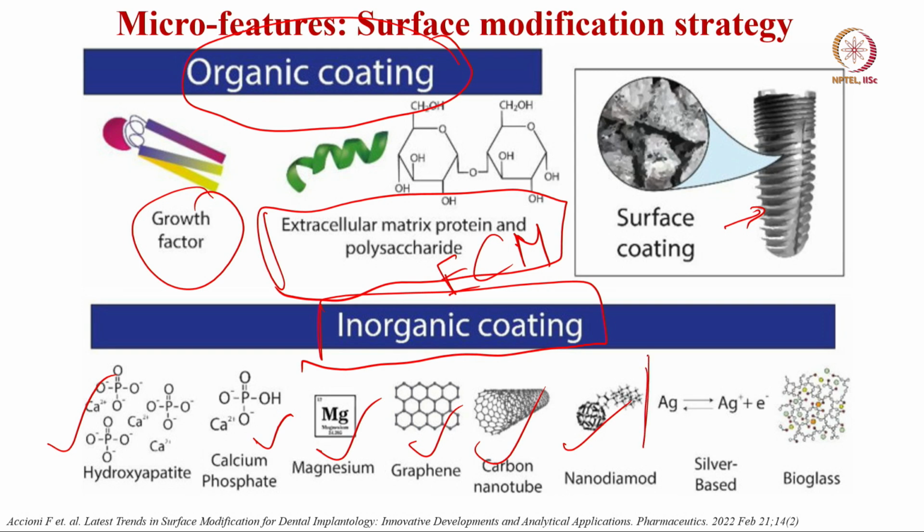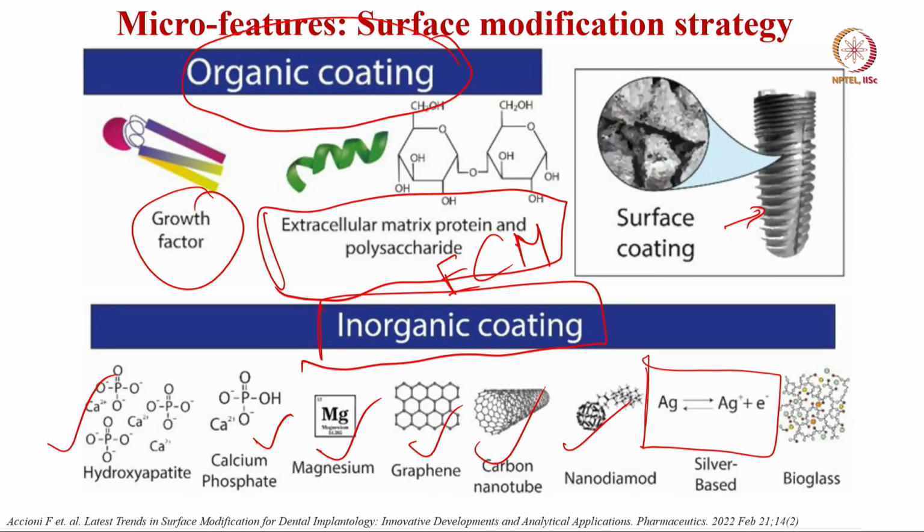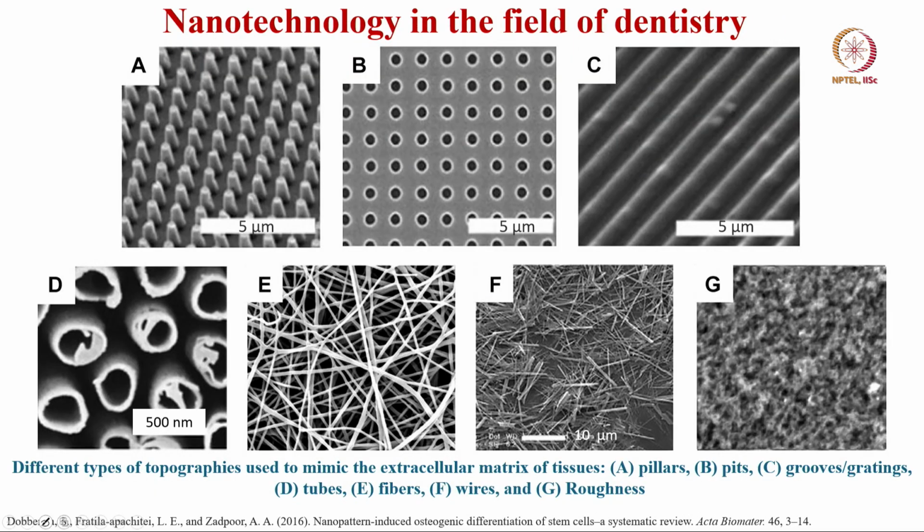So, what are the other things people have done just to get this antibacterial efficacy of these implants? People have doped silver into hydroxyapatite, so the silver based hydroxyapatite or silver doped bioglasses can be coated.